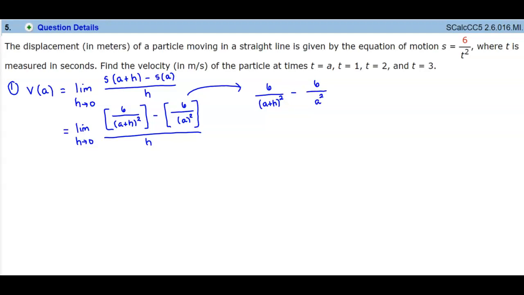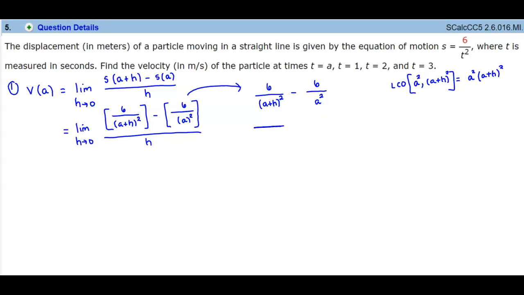Okay, so we need to find the LCD between the denominators, a squared and a plus h squared. They don't have anything in common, so it's going to be a squared times a plus h squared.